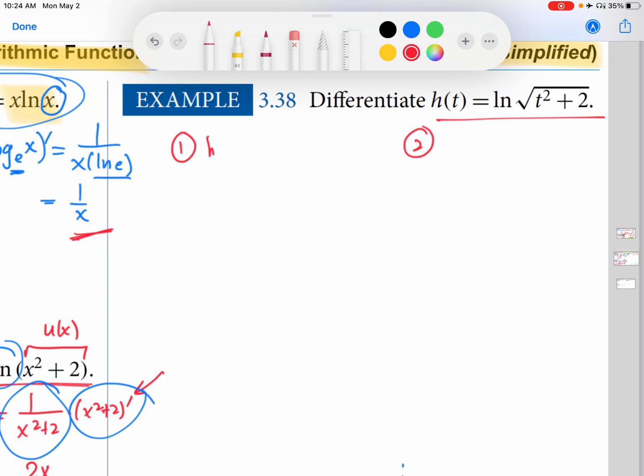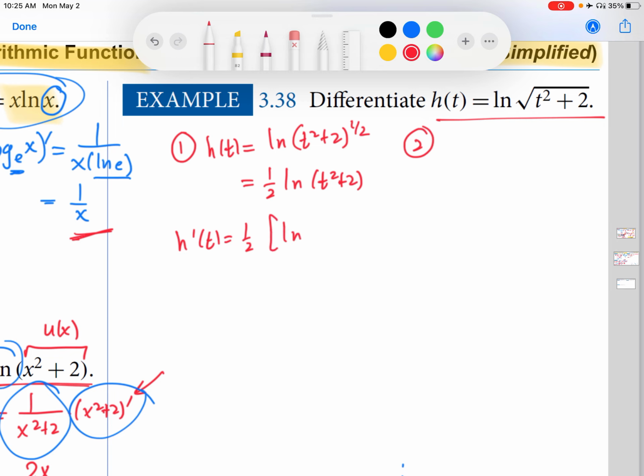The first one, you might recognize from the properties of logs that this is ln of t squared plus 2 to the 1/2, and that 1/2 can be put outside. That's something that you could do using the properties of logs. So in this case, the derivative would be 1/2 times the derivative of this function.